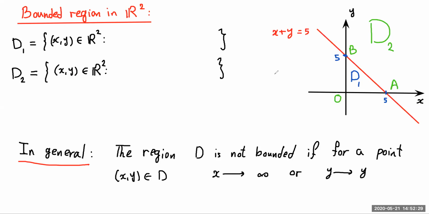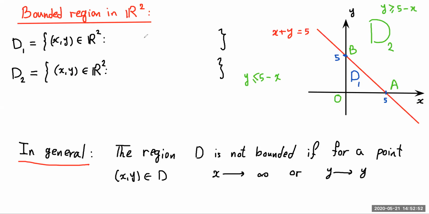So under this line, this equation could be written as y equals 5 minus x. So here, y is less or equal to 5 minus x, and up of the line, y is greater or equal to 5 minus x.